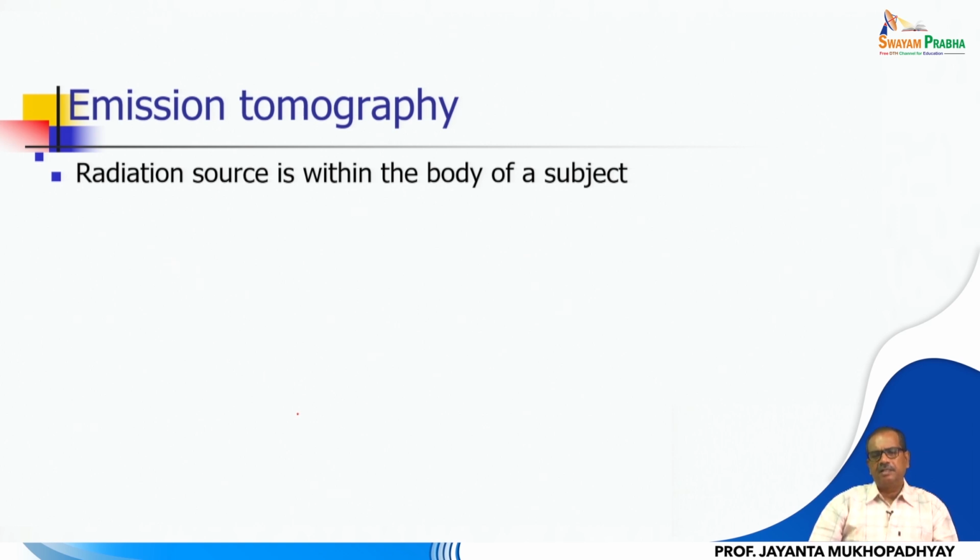So that was the computed tomography X-ray images. But other than X-ray tomography, other forms of tomography are also available, where the physics behind the line integration is quite different. One such tomography that we will be discussing is called emission tomography.